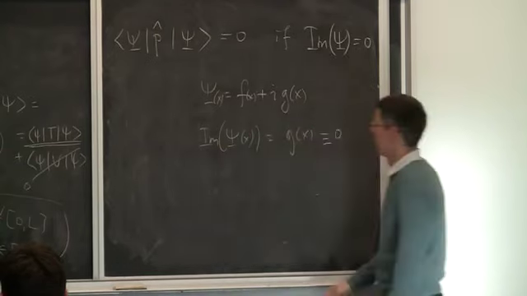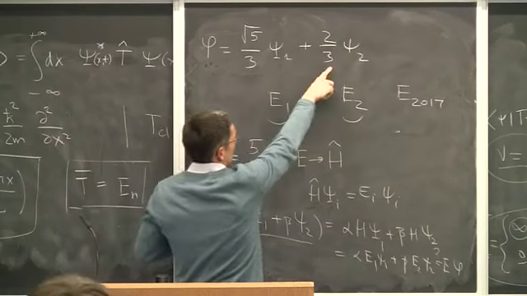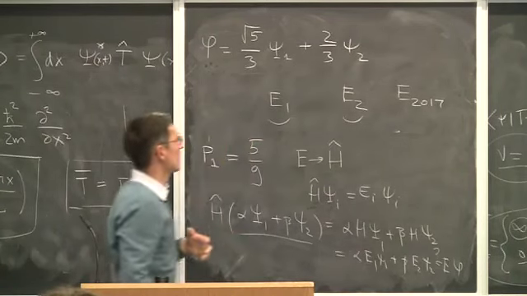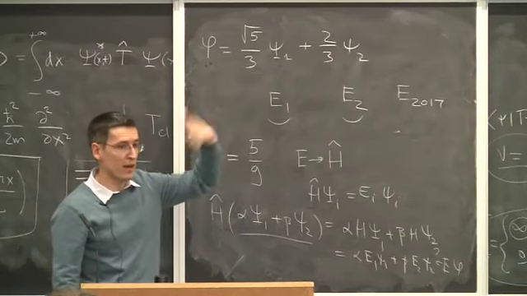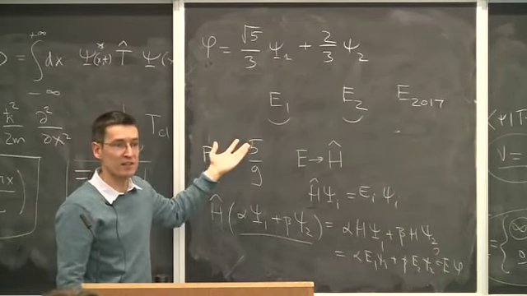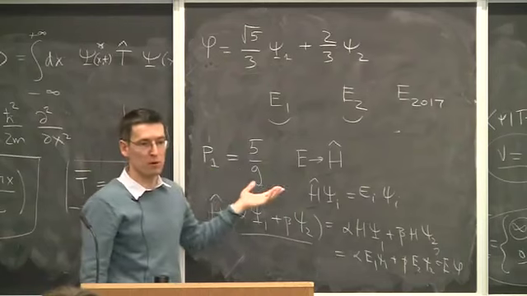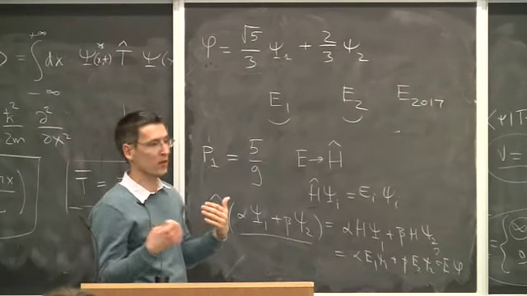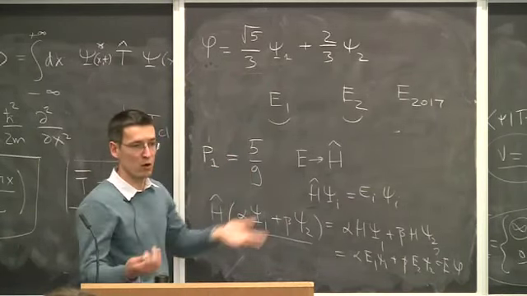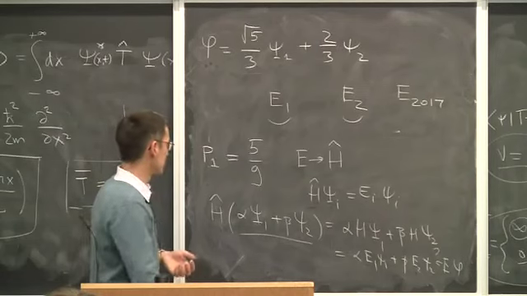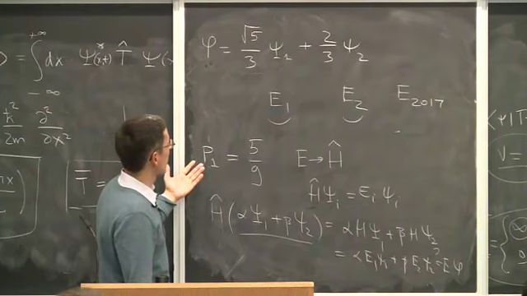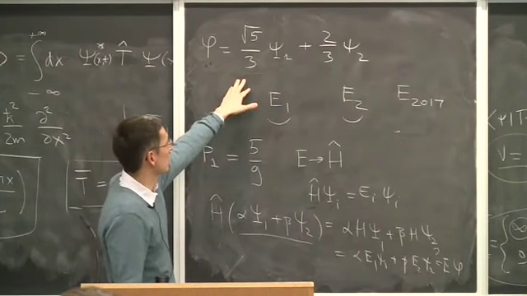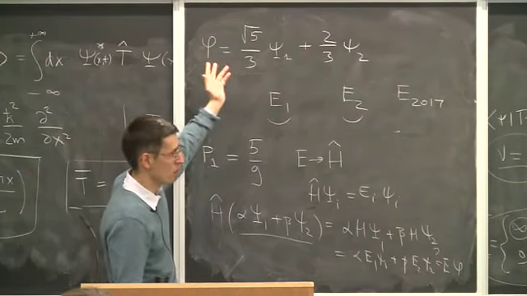Because if I multiply this coefficient by 100 and this coefficient by 200, then the squares of these coefficients will be way higher than 1, but we know the probability should be below 1 or equal to 1, not more than 1. So let's make sure that this function is normalized.